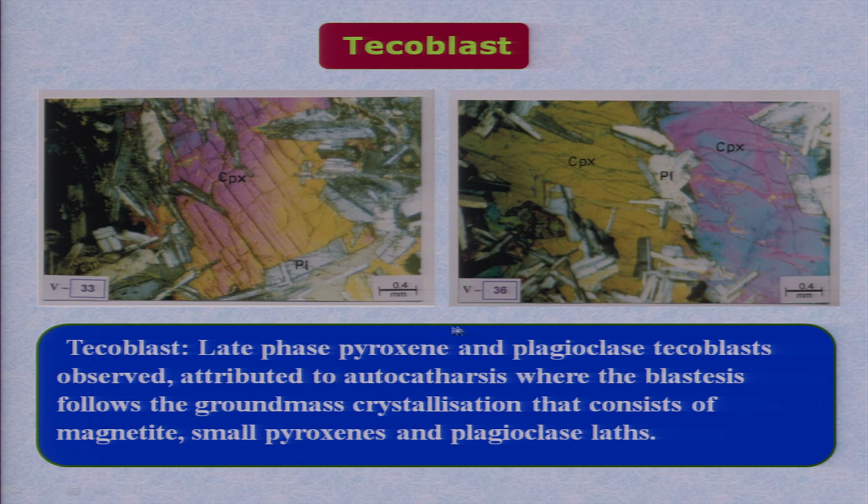Late phase pyroxene and plagioclase megacrysts are attributed to autocatharsis. Autocatharsis is a process where the megacryst growth follows the groundmass crystallization that consists of magnetite, small pyroxene and plagioclase laths. So, you have pyroxene within pyroxene as well as plagioclase within the pyroxene. Both conditions are possible in this kind of megacryst.